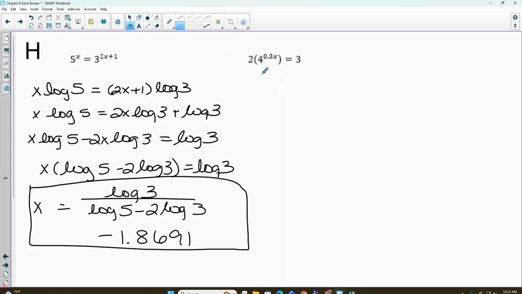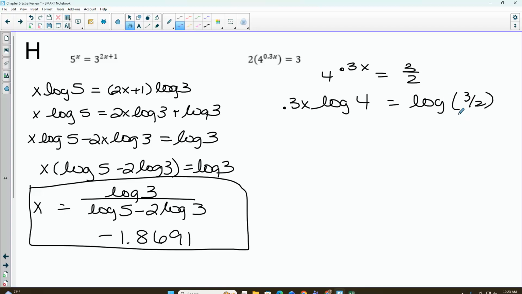On the second one, what should we do first? So then if we add our log, the 0.3x comes down. Over here we get the log of 3/2. So to get x by itself, we're dividing by everything.